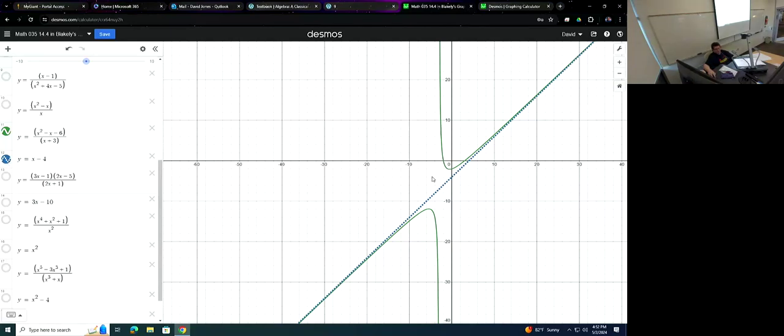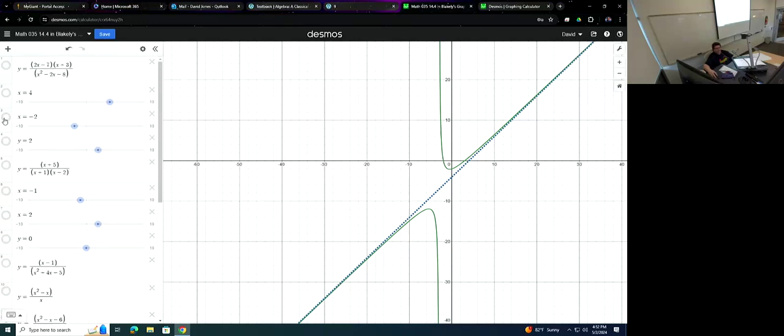And I didn't put in x equals -2. Do I have that up here? I do. I'll turn it on. Wait. Was it not -2? No, it's -3. Change that to -3 real quick. There, now we can see it's following the asymptotes.